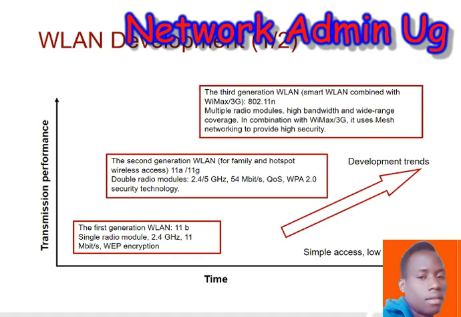So let's look at this chart here that talks about the transmission performance and also time. So when you look at the high bandwidth of 802.11ag, which reaches 54 megabytes per second, and also the rates of the 802.11n that reach up to 600 megabytes per second, this is because it can use MIMO technology.